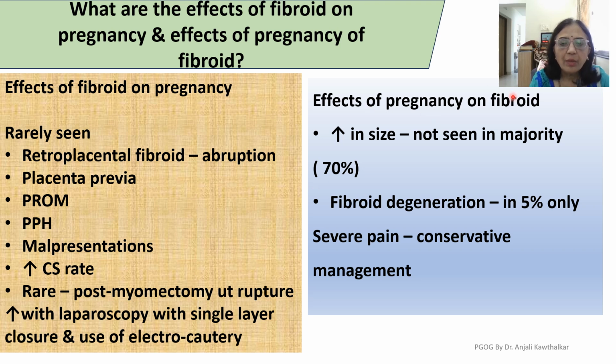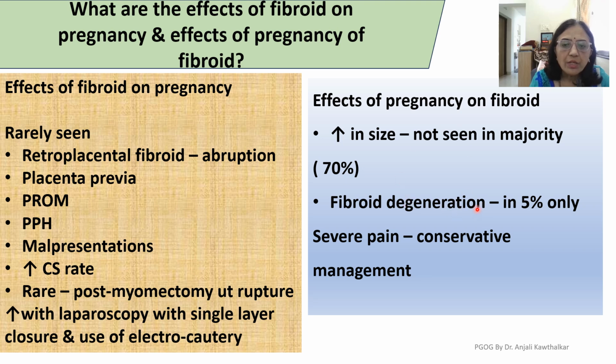Effects of pregnancy on fibroid. Increase in the fibroid size is not seen in the majority. In almost 70% of the cases the size of the fibroid remains the same, whereas in the remaining 30% there can be an increase in the fibroid size. Fibroid degeneration, as it has been traditionally described, that is red degeneration of the fibroid, is commonly seen during pregnancy.